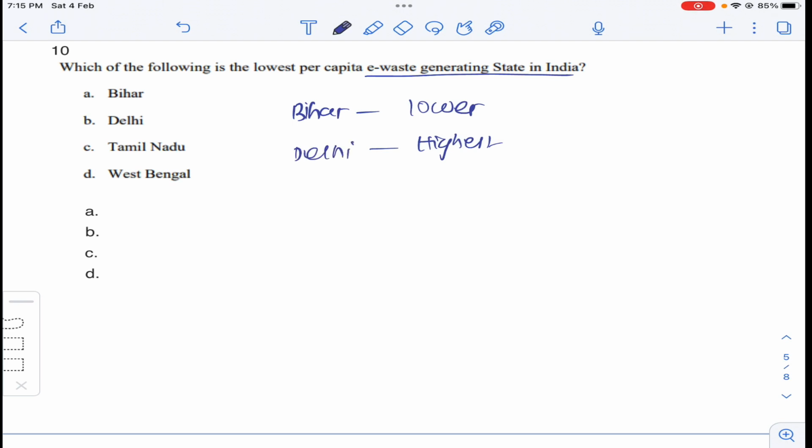So, Bihar is the lowest state, it generates the lowest per capita e-waste. That is, in Bihar, e-waste per head is very low. In Delhi, e-waste generated will be very high per head. Lowest will be Bihar. 10th answer A.